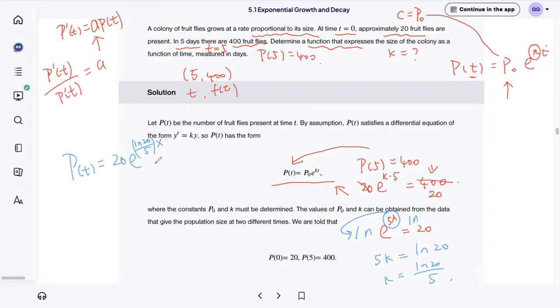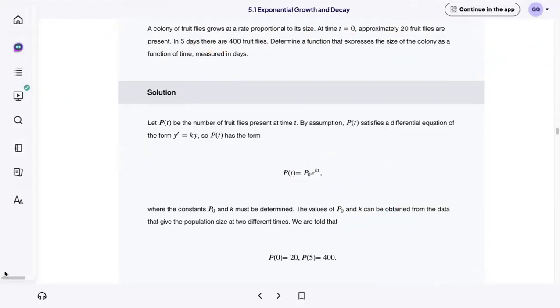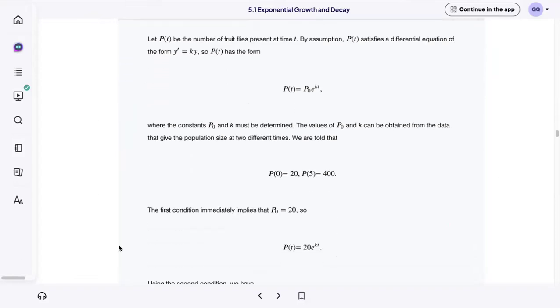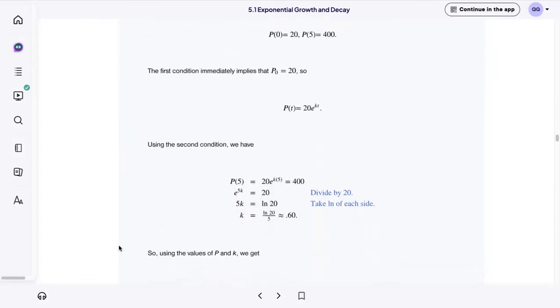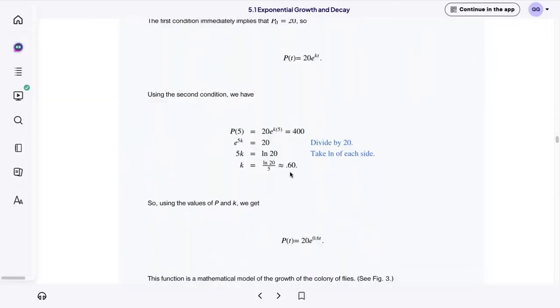Okay, so k equals ln 20 divided by 5. The textbook evaluated ln 20 divided by 5 as about 0.6. You could do that too. Okay, 0.6 t.